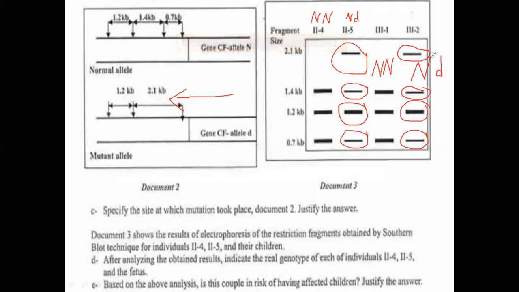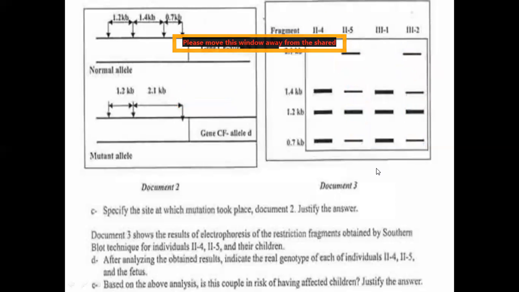So based on these analyses, is this couple at risk of having affected children? No. Why? Because both of them have the fragments that correspond to the normal allele, and there is no chance to have the affected alleles as in a recessive case.